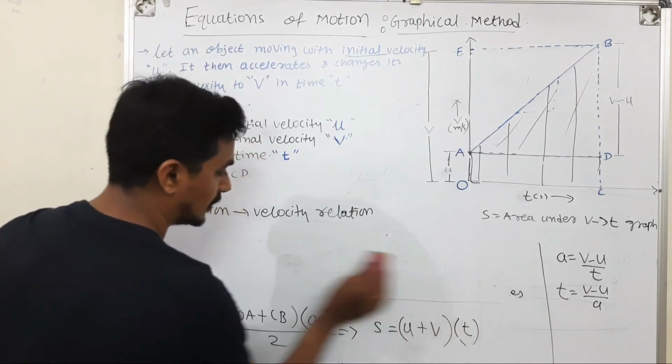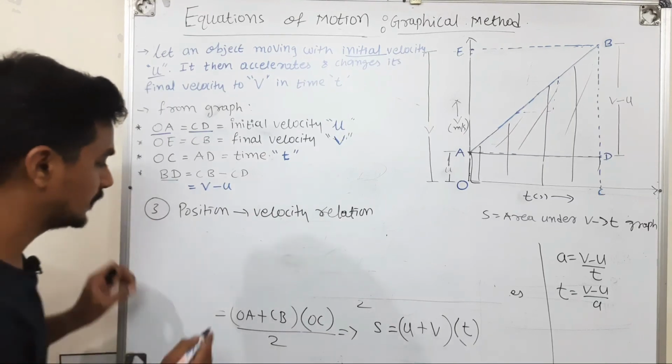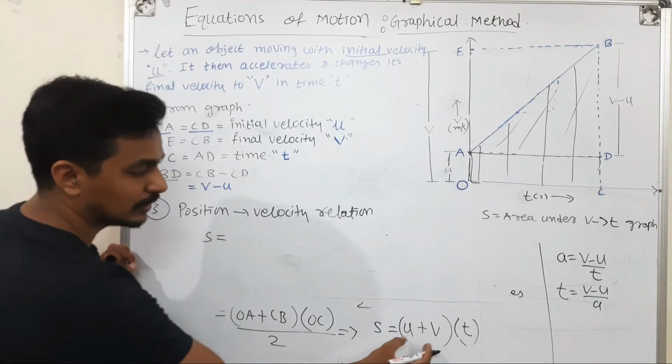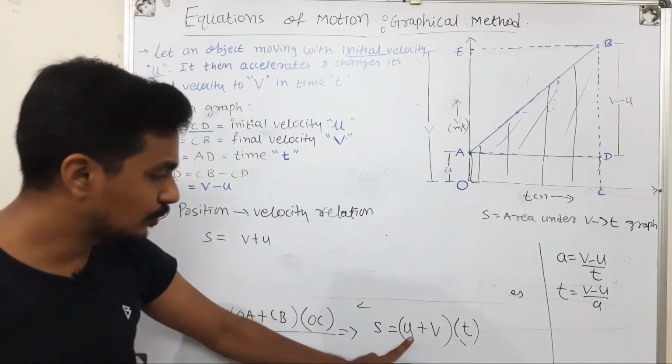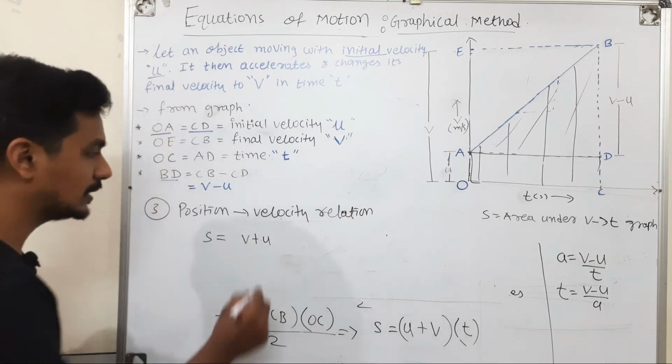So let us try to derive it. Here S is equal to U plus V as it is; instead of U plus V, I can write V plus U, both are the same.